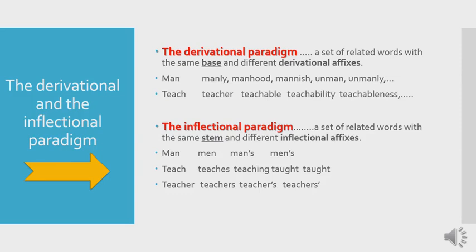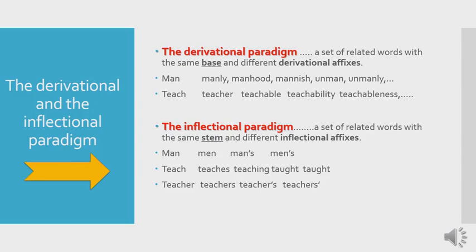Teach is a verb. We have 4 inflectional affixes for the verb: S third person, ing verbal, ed past, and ed past participle. So the inflectional paradigm of the verb teach is: of course, we start with the stem teach, teaches, teaching, taught, taught.